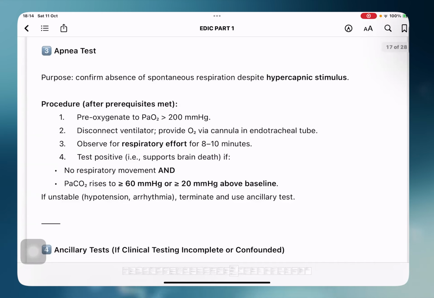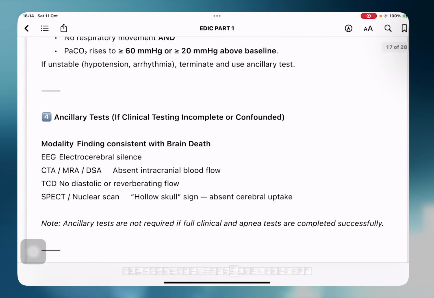If the patient becomes unstable, for example develops atrial fibrillation or a ventricular arrhythmia, immediately terminate the test and then use some other test. What are those other tests? Number one, you can do an EEG, which will show electrocerebral silence, that is a straight line. Or you can do a CT angiogram, MR angiogram or a DSA, which will show absent intracranial blood flow.